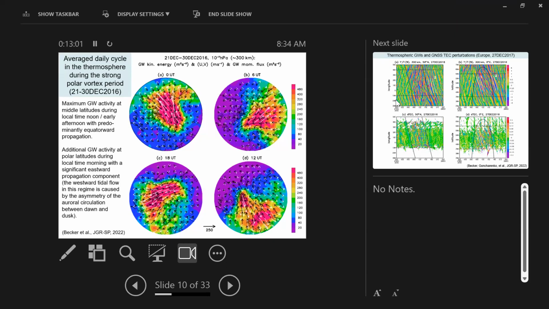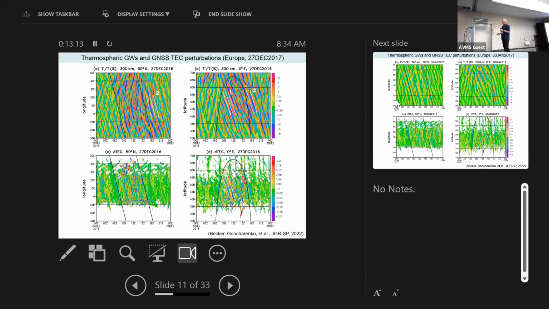And of course, this is entirely consistent with the equatorward propagation of quiet time TIDs that may be driven by those gravity waves. This is shown here in this figure where we compare the gravity wave perturbation with DTEC.